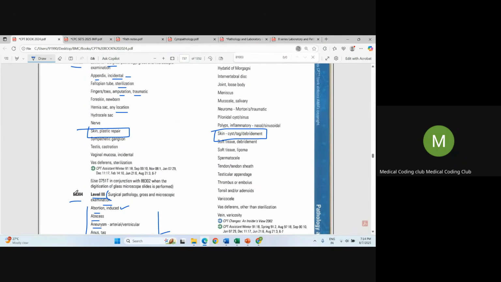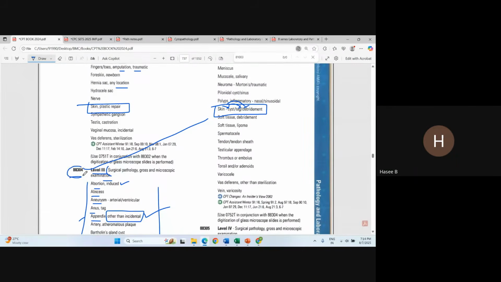Under 88304, skin is present again, but it is for skin cyst, skin tag, skin debridement. These are the three procedures. When you get skin cyst or skin tag, which level do you have to give? You have to give 88304.